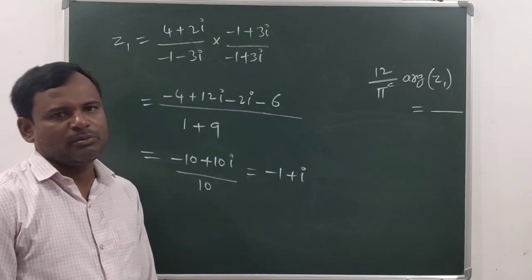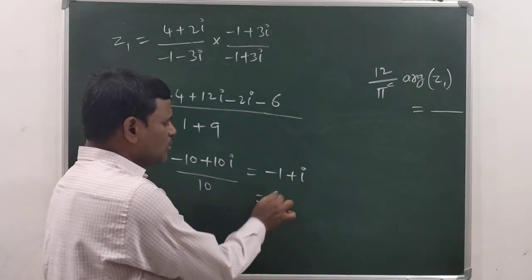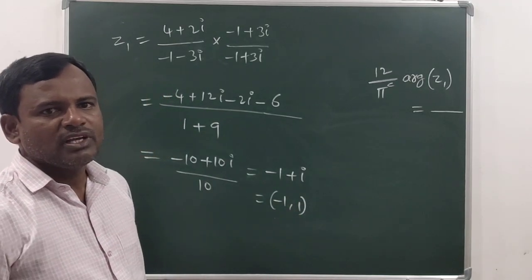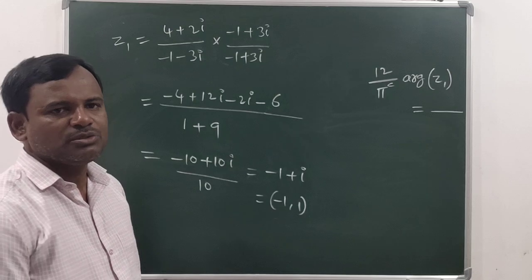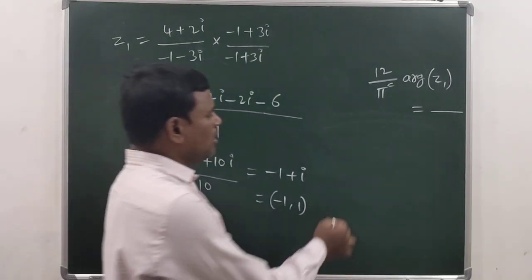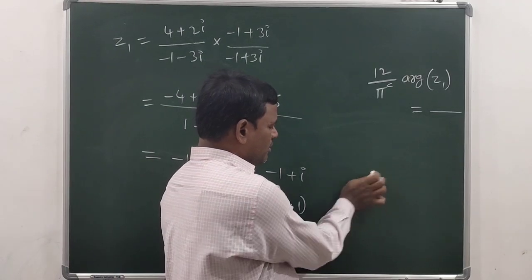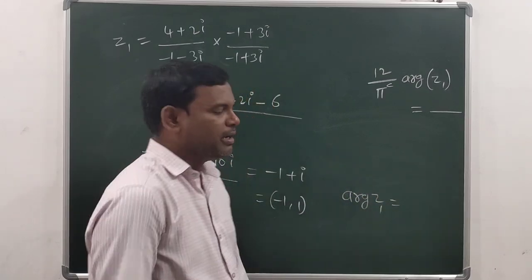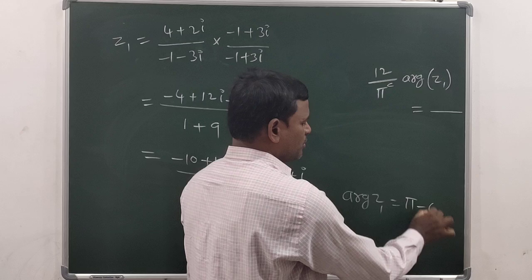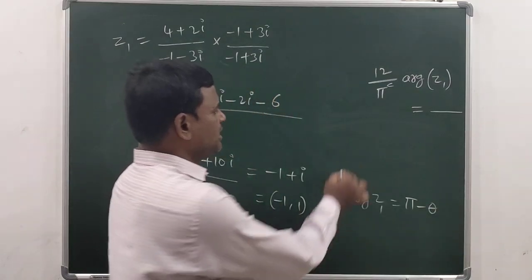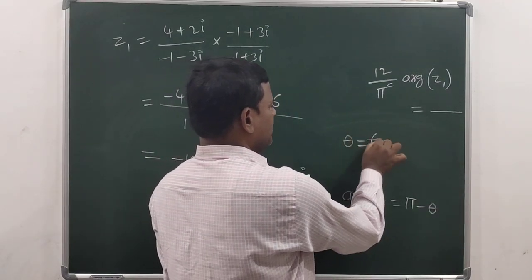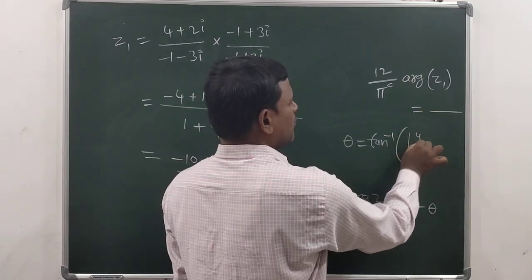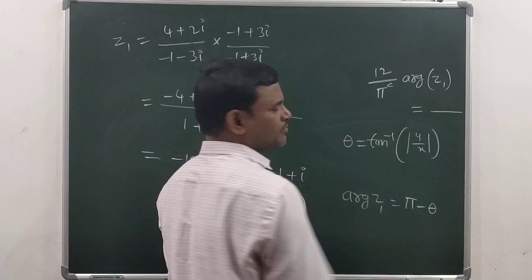Now find its argument. This belongs to the second quadrant. Whenever the complex number belongs to the second quadrant, you know argument of z1 is equal to π − θ. Now what is θ? θ is equal to tan inverse of |y/x|.